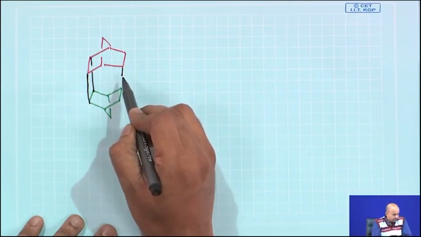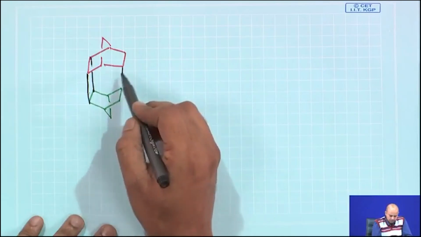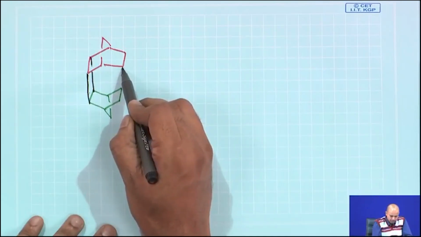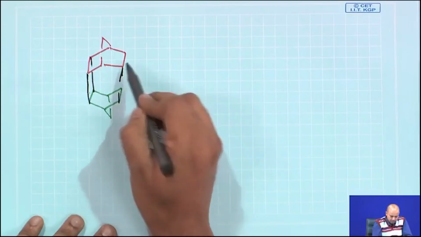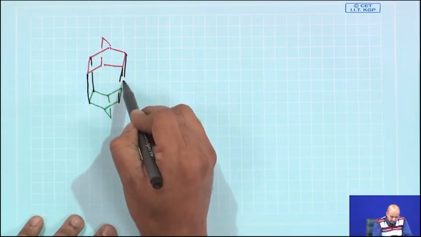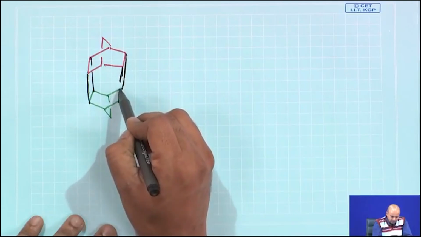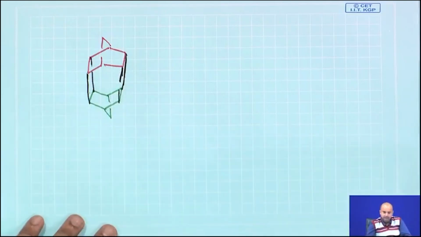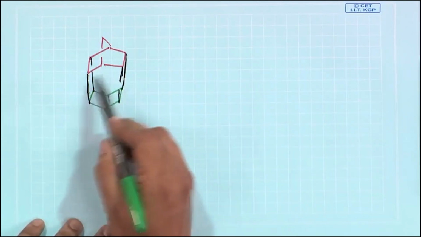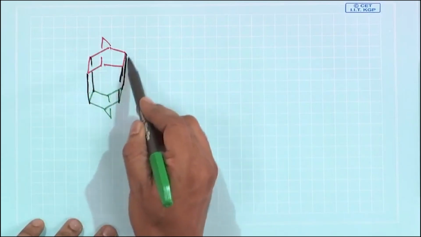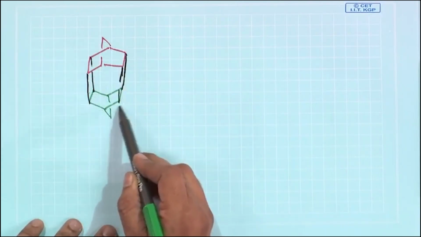Now, this particular visualization is important because the drawing was a little bit tilted. So, I said if you have this drawing, we basically did a top edge, we did a norbornene system, this is another norbornene system.